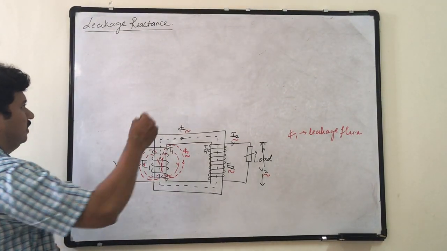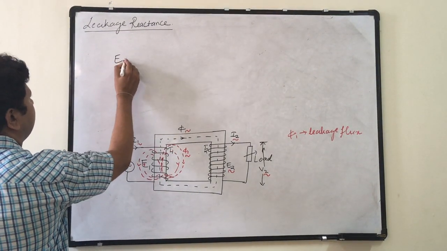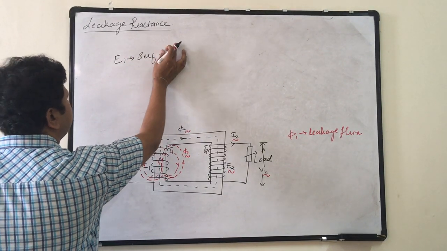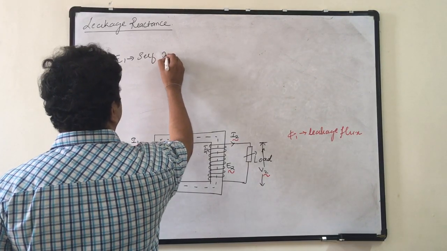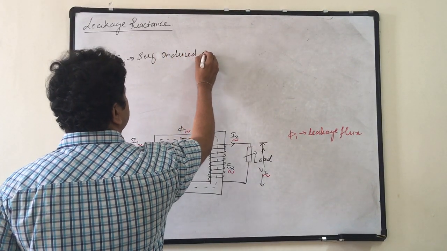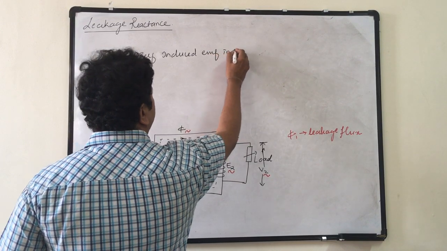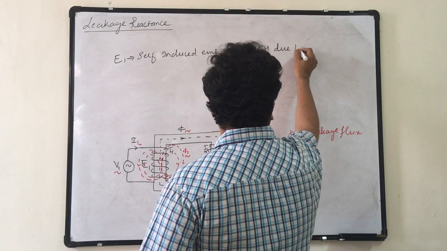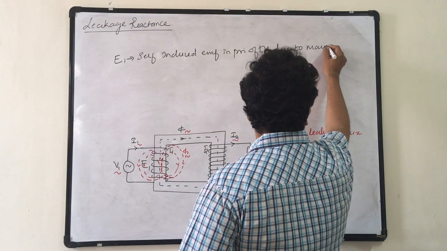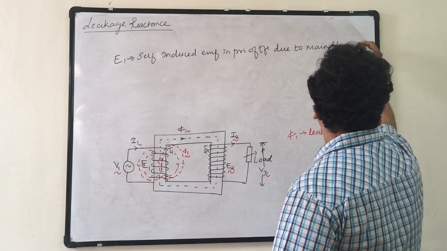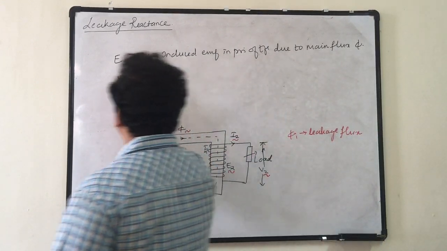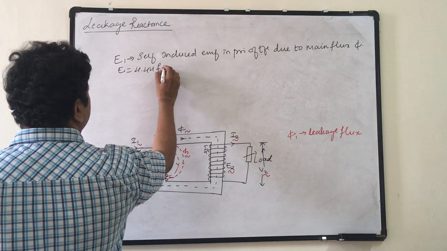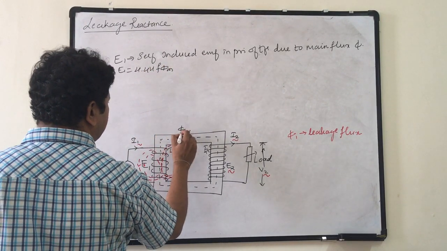Let us take E1 as the self-induced EMF in the primary of the transformer due to main flux phi, and it is given by the EMF equation 4.44 F phi m. Let us take this as phi m.